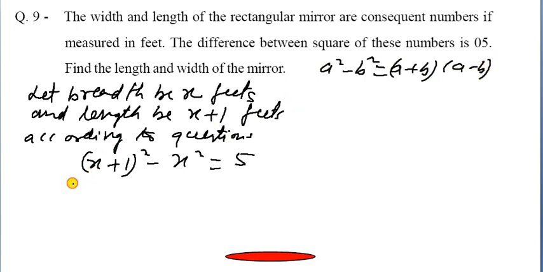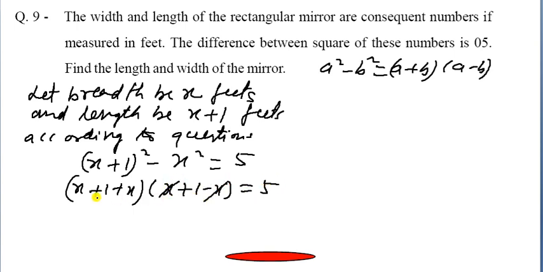So here it is x plus 1 plus x, and in the second bracket it is x plus 1 minus x, and that is 5. So x will be cancelled out and we get here 2x plus 1 is equal to 5. So 2x is equal to 5 minus 1. So 2x will be equal to 4.